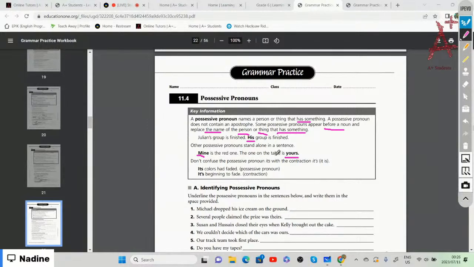However, it's with the apostrophe is a contraction. So it's beginning to fade is like saying it is beginning to fade. But its color had faded, you are being direct. It is a possessive pronoun.